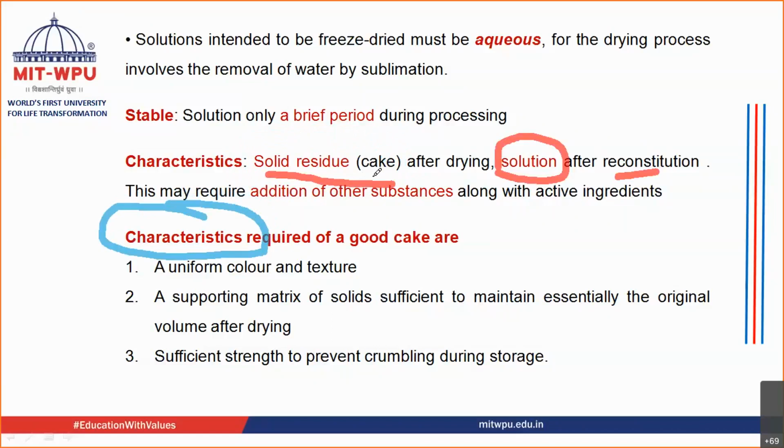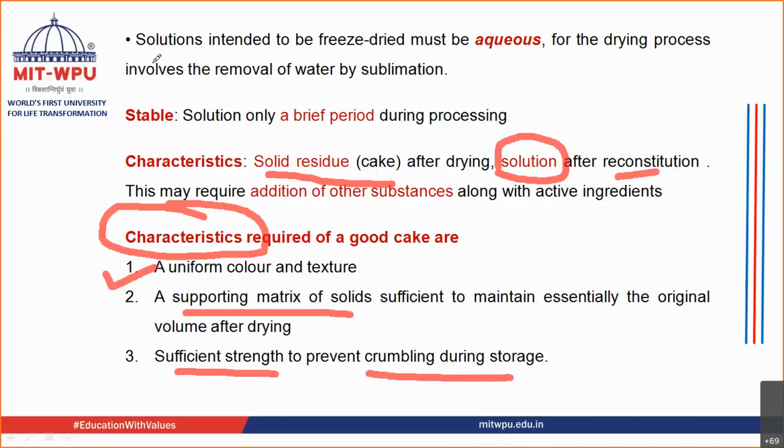We want the cake to be a good cake. Meaning, you want the solid residue to be of uniform color and texture. You want it to have a good supporting matrix of solid, right? And lastly, you want it to have sufficient strength so that crumbling of this cake does not happen during storage. Okay, so those are the things that you require from it.